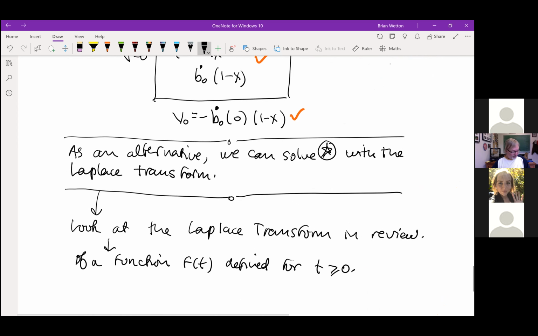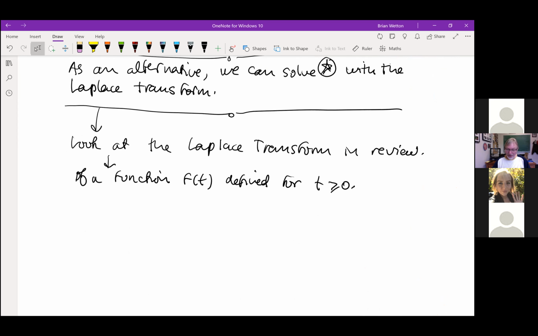Okay, and what is it? Well, I had hats for Fourier transforms and transform variable alpha. I'm going to have tildes for Laplace transforms and use s, which I think is typical for Laplace transform variables. So I'm going to have f tilde of s. So I started with the function of t, I get f tilde of s.